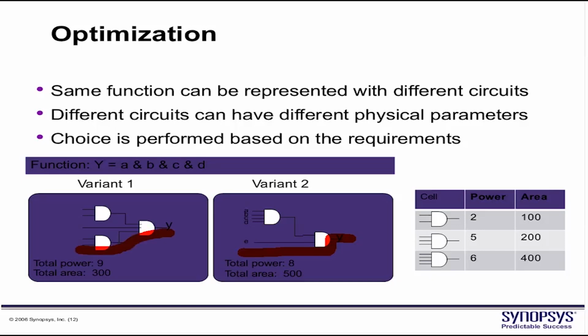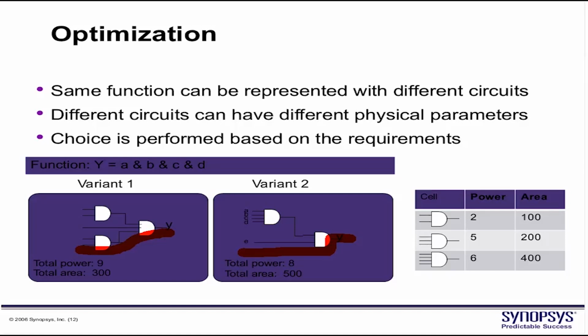So the delay from E to Y would be different in variant 1 and variant 2. Now the constraint that we give on E will also determine what variant will be picked up.